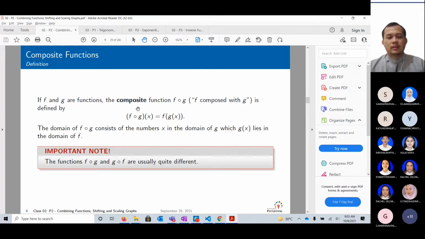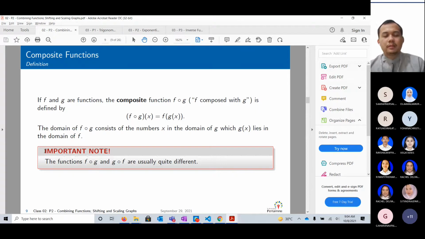The domain of this composition is the domain of g where the range of g is part of the domain of f. So the domain of f composed with g consists of the numbers x in the domain of g for which g of x, or the range of g, lies in the domain of f.